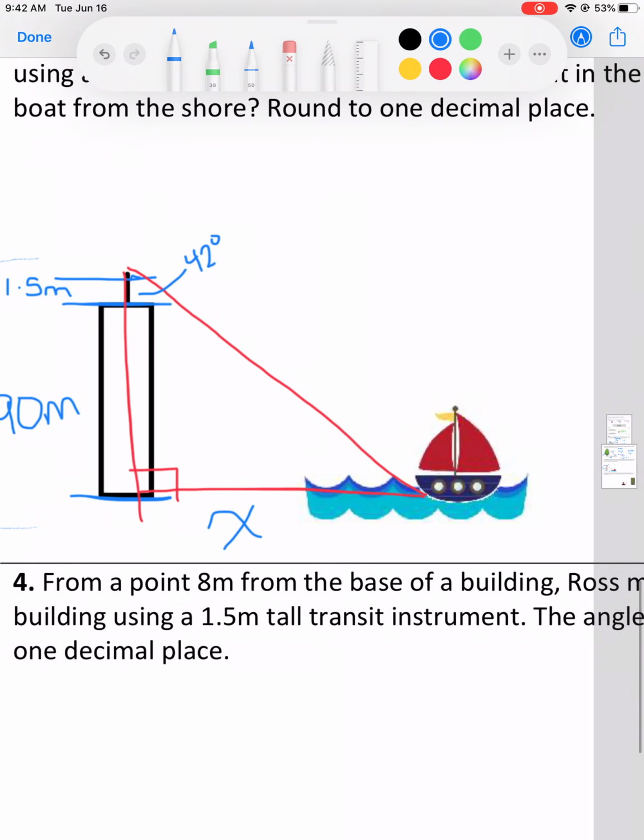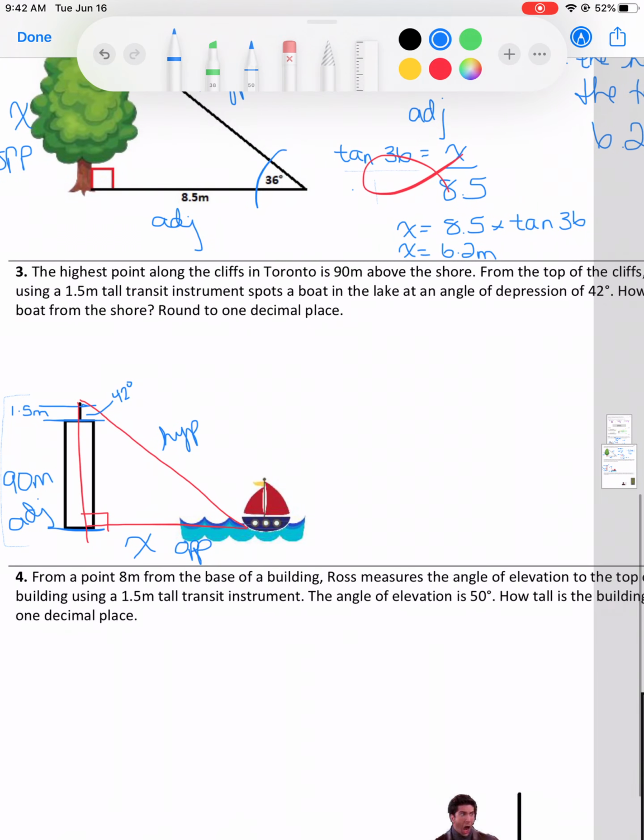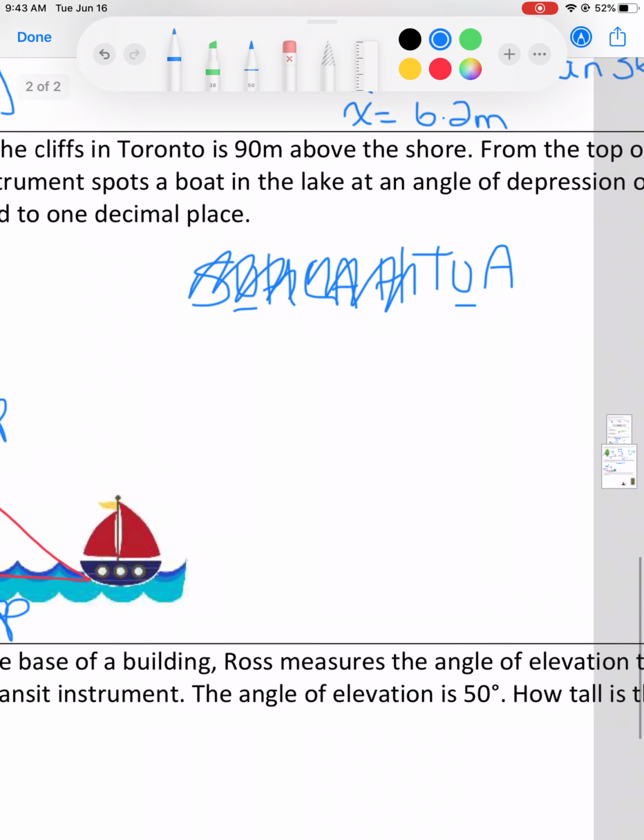So now that we have our angle, we know that this is my hypotenuse, this is my opposite, and this is my adjacent. So what do we need? We need our opposite. So it's either sine or tan. And we don't have our hypotenuse, so right away, hopefully you guys are going to be like, well, that's tan.